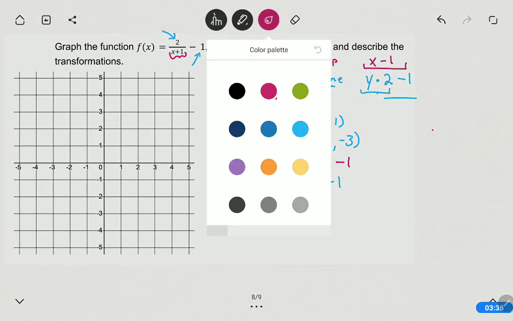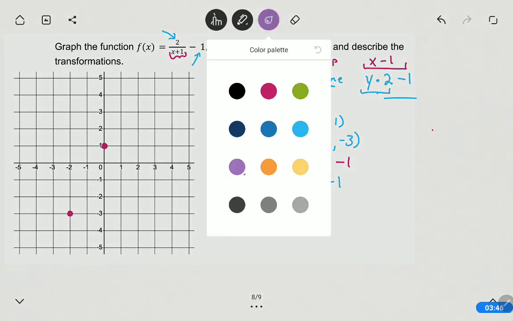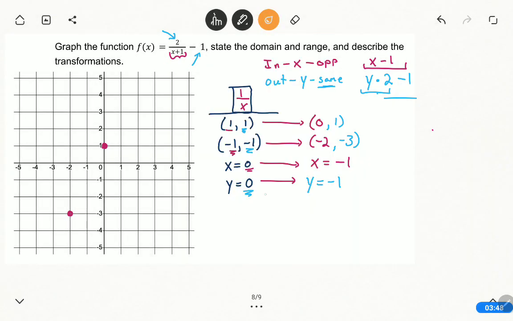So I'm going to start off by plotting my points, 0, 1, and negative 2, negative 3. We have asymptotes. X equal to negative 1 is a vertical asymptote where all the x values are negative 1.